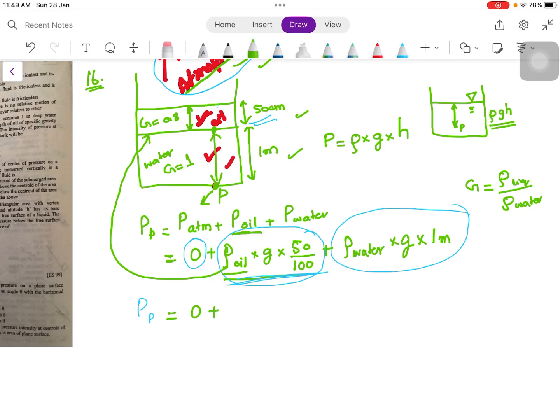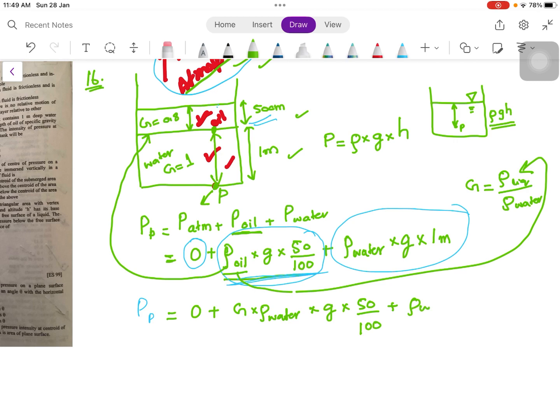So the density of the oil equals the specific gravity of oil times the density of water times the acceleration due to gravity times the depth of the layer of oil, which is 50 upon 100, plus density of water times the acceleration due to gravity times the depth of the layer of water.